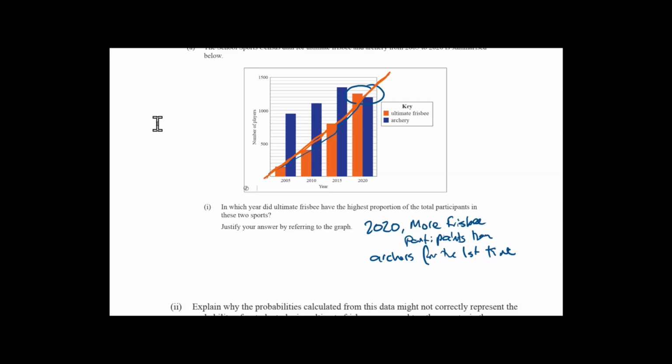So it's a bit of an informal sport. Archery tends not to be informal. It's really expensive to get into competitive archery, and it is quite organised as opposed to ultimate frisbee. Those two things I would put.